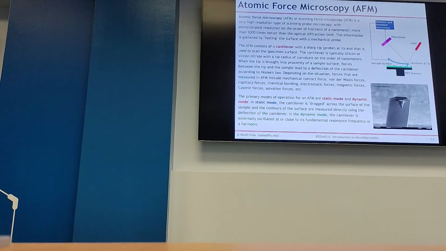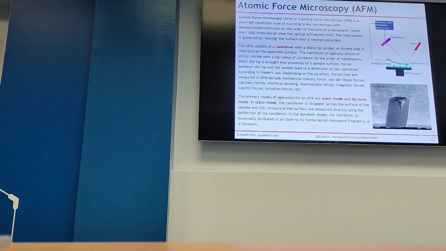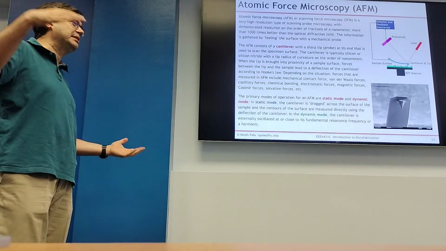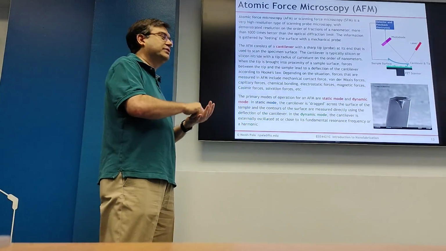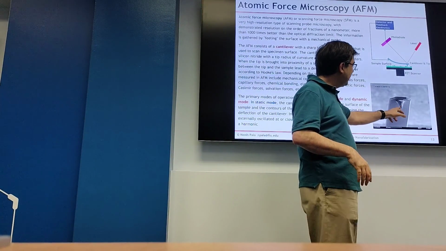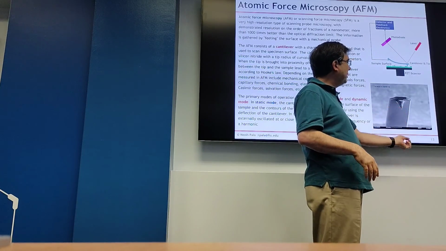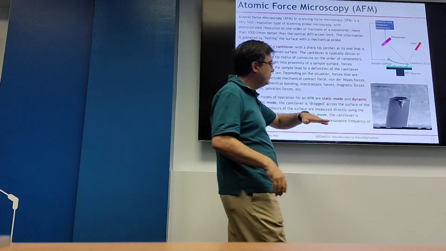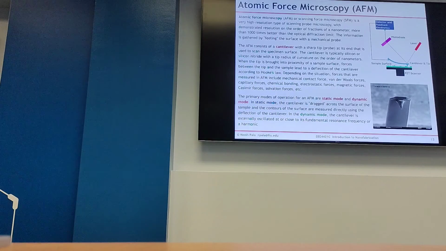At the very small scale, there is practically no light. I mean, light wavelengths are so large you don't see them. So we touch to feel what's around, right? This is a cantilever with a very, very sharp tip at the end. We move it on the surface as there is something.